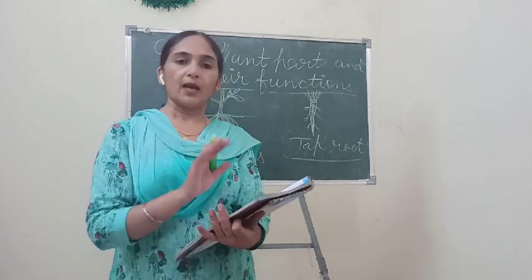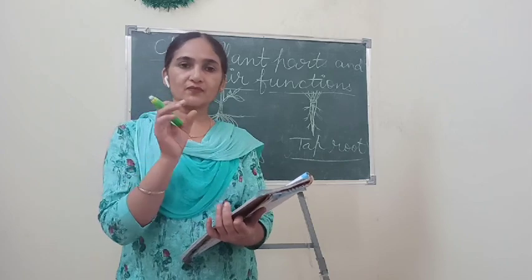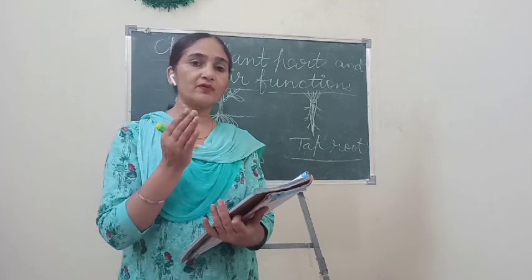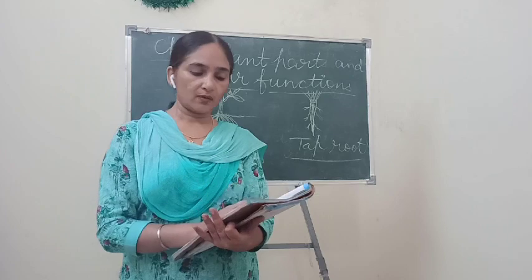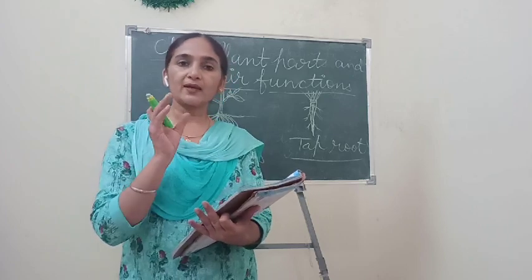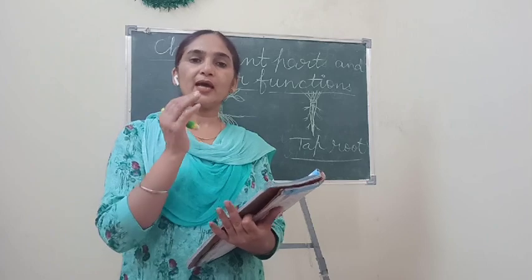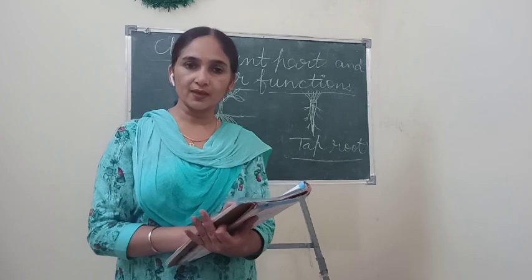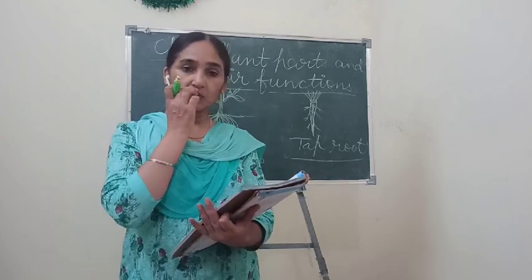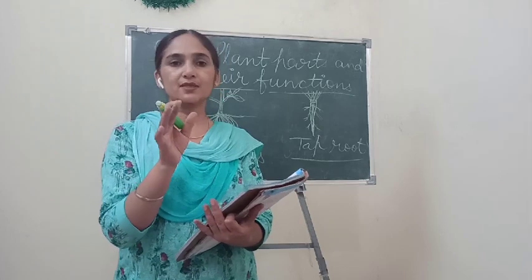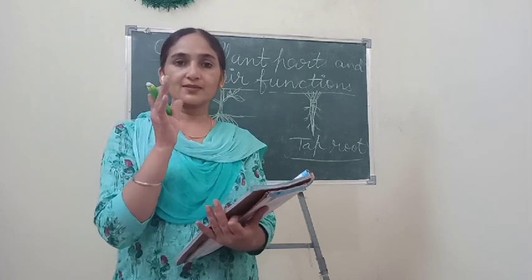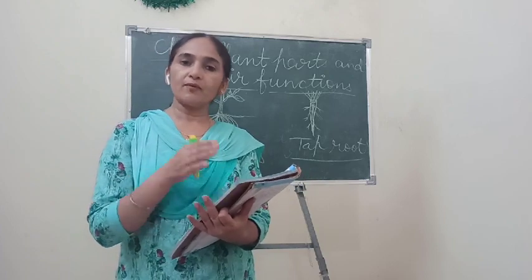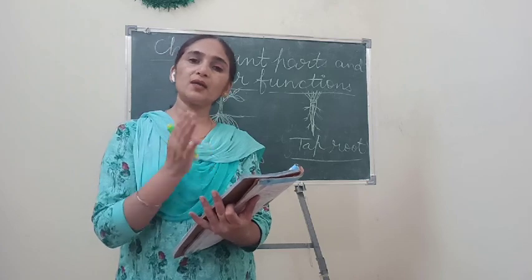Here also this word has come, so we can recall our knowledge from class 3, that plants can prepare their food with the help of those simple things. That's why this process is called photosynthesis. And here we are talking about the shoot system. You know that leaves are present in the shoot system. That's why we can say photosynthesis is also performed by the shoot system.